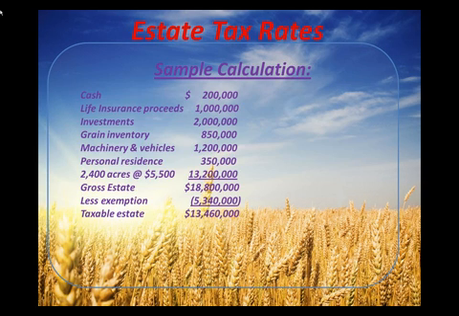Here's a sample calculation of how the estate tax rates would work. If a person died and had $200,000 in cash, $1 million in life insurance proceeds collected on that person's death by the estate or the heirs, $2 million in investments, $850,000 in grain inventory, $1.2 million in machinery, vehicles, a personal residence of $350,000, and 2,400 acres at $5,500 per acre, which is very common anymore.